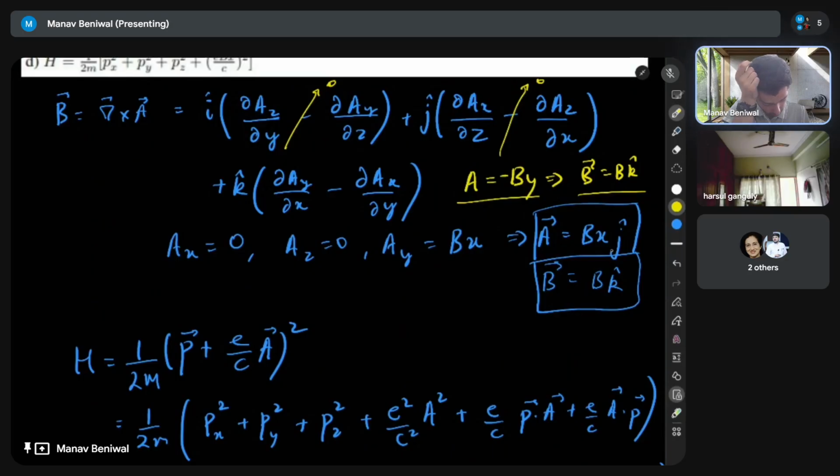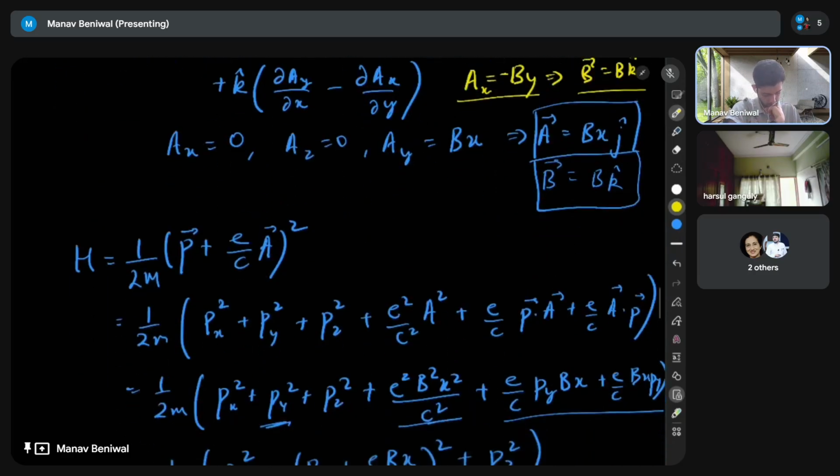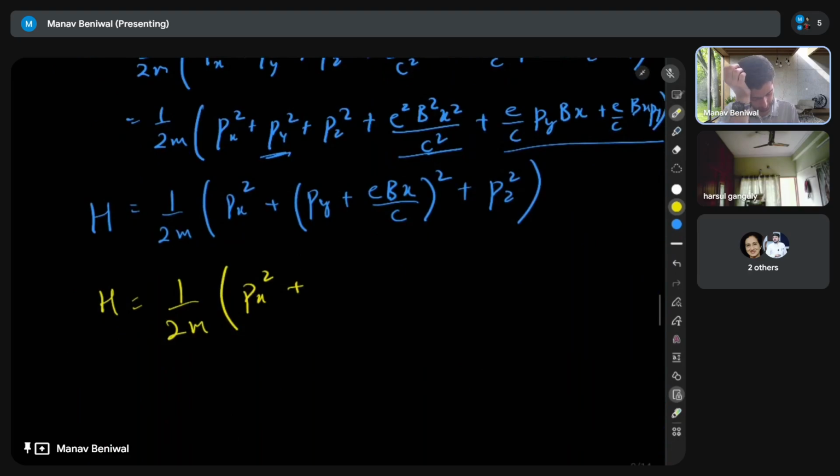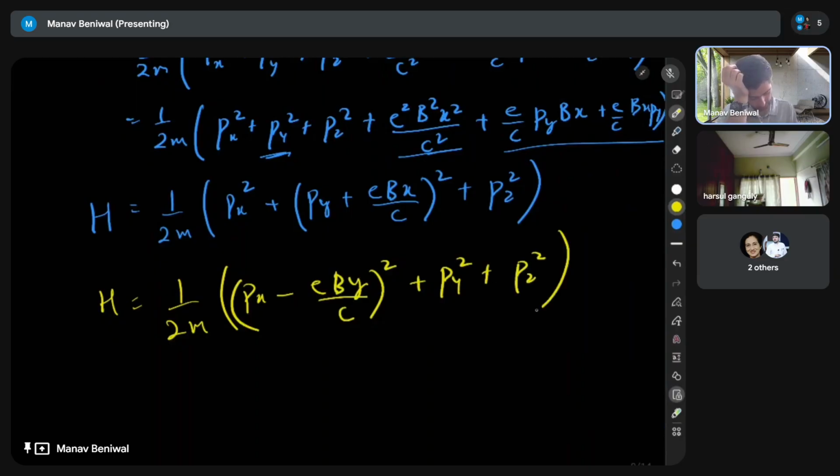Okay, so this we took along y. Now here we will take Ax, right? So A will be along i cap. Okay, so it will not be px here. Sorry, it will be px minus eBy by c squared, and then plus py squared, and then pz squared. This thing.